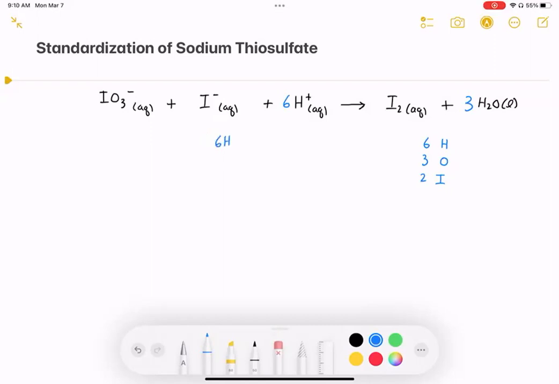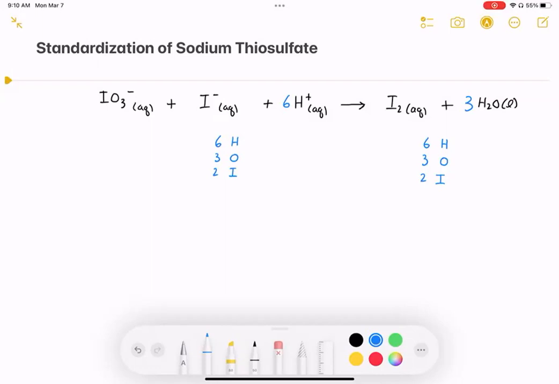Now how many oxygens? 3 oxygens. Let me put a little space here so they don't look like numbers. And 2 iodines. Okay. All right, so are we balanced here? Looks like it.